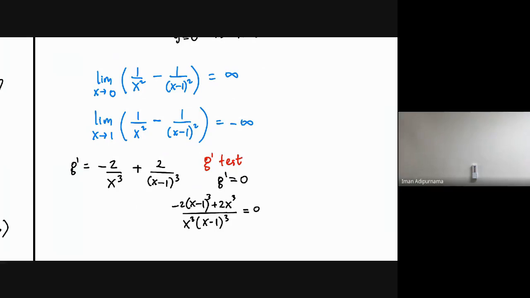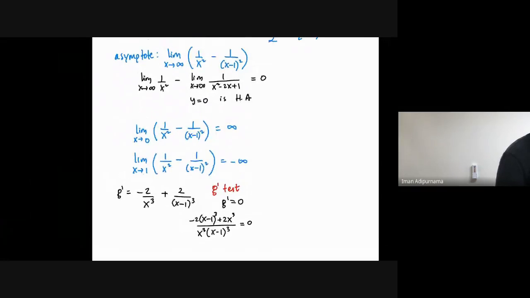Can we solve this? I think it's always positive, right? Do you think it's always positive? If you think it's always positive, you can write that. But if you want, you can try to expand x minus 1 cubed and make a conclusion. Let's just try to expand this. Let me copy first.